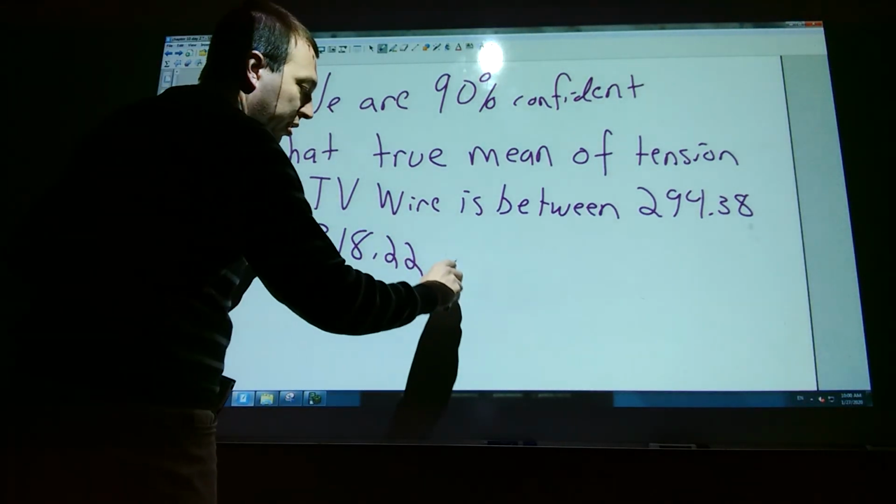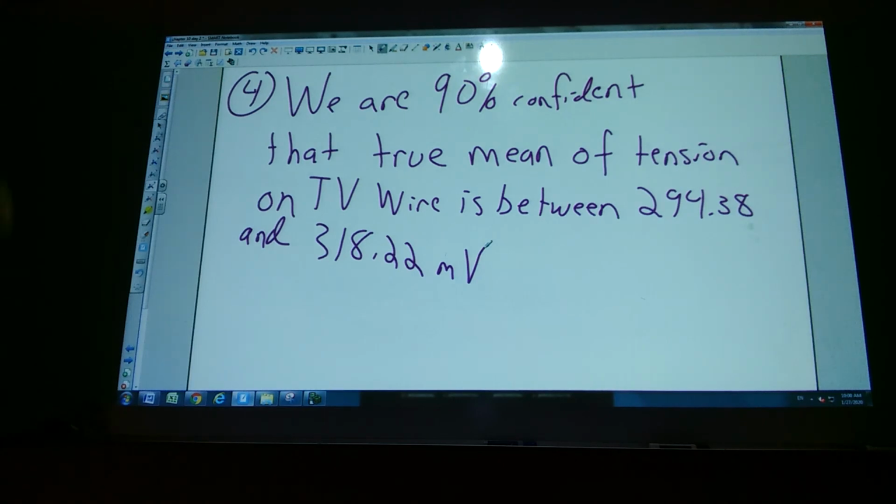I think it was millivolts. So that is the interpretation. That is everything on confidence intervals for a one sample mean.